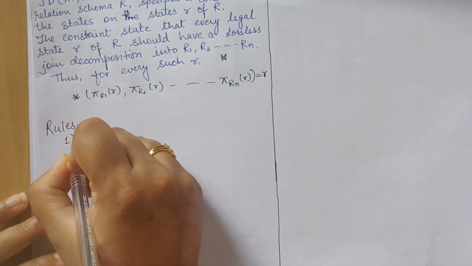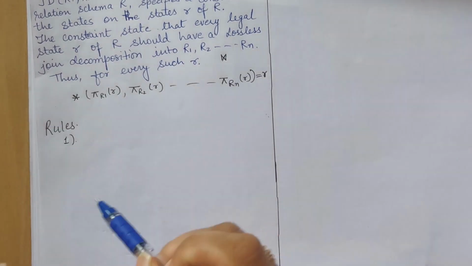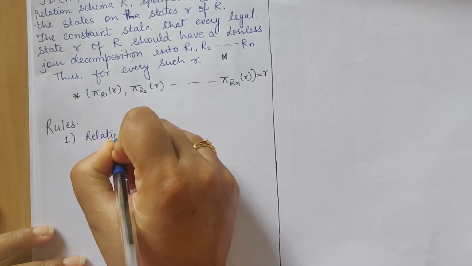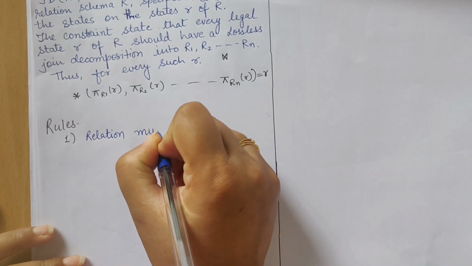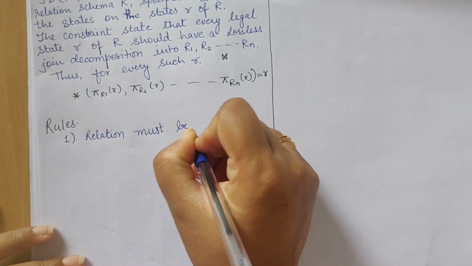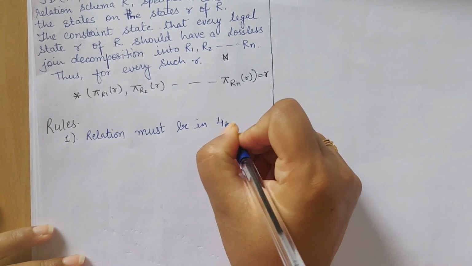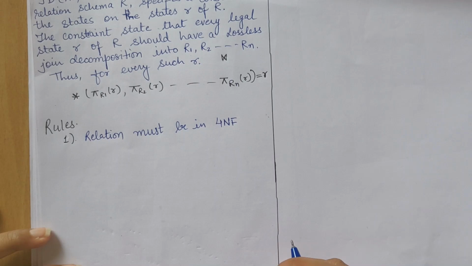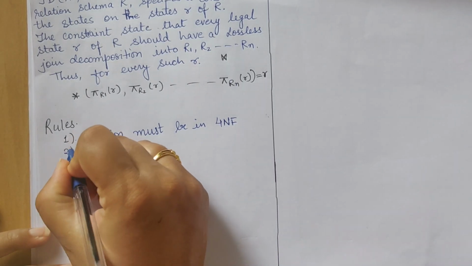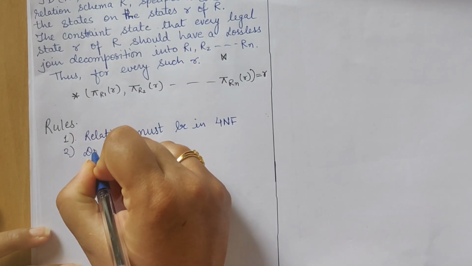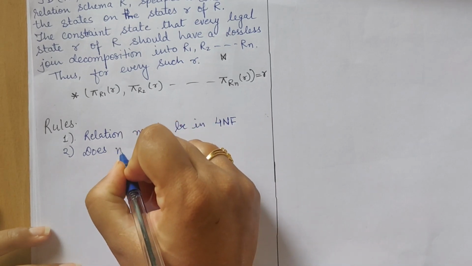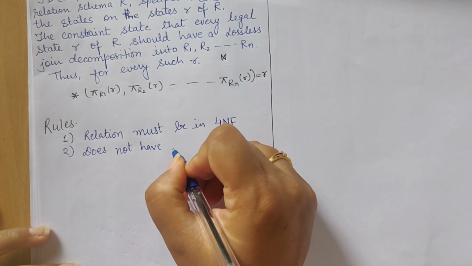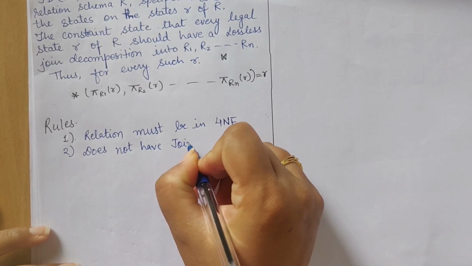First thing, the table or relation must be in 4th NF. This is the first point. And the second point is, it does not have joint dependency.